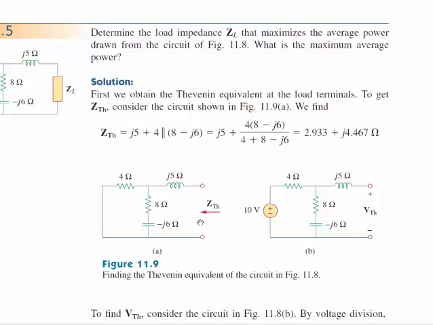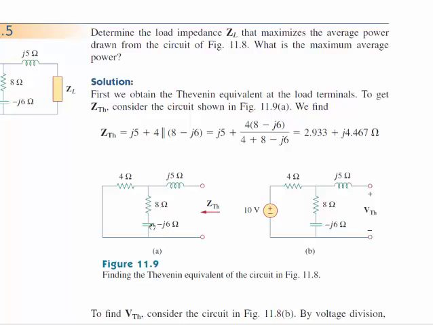So when you find the Z Thevenin, the first thing you do is either short the voltage source out or open up a current source if it's in there. So here the voltage source is shorted out, and then you can see that the 4 ohms is in parallel with 8 minus J6.